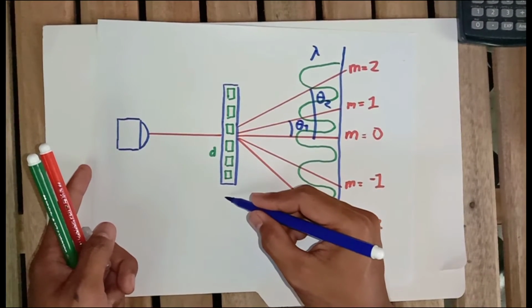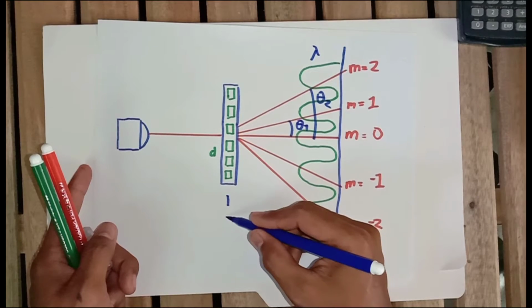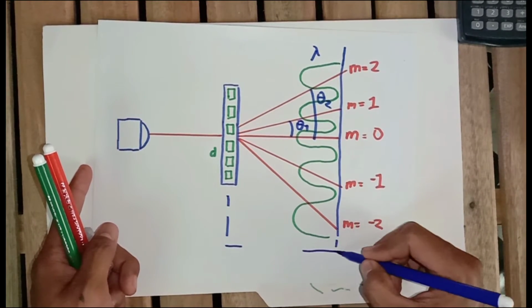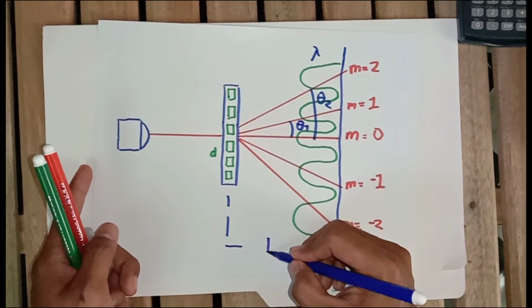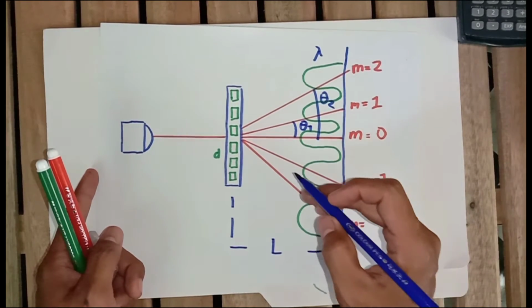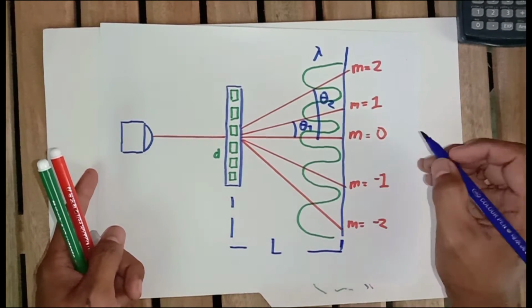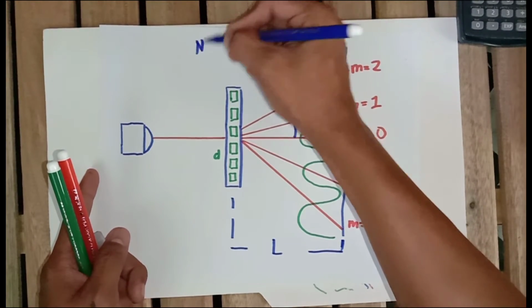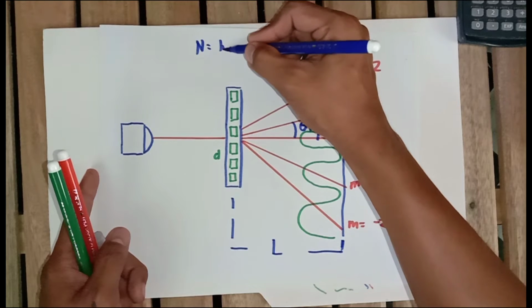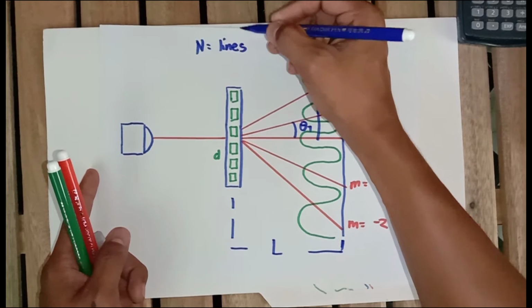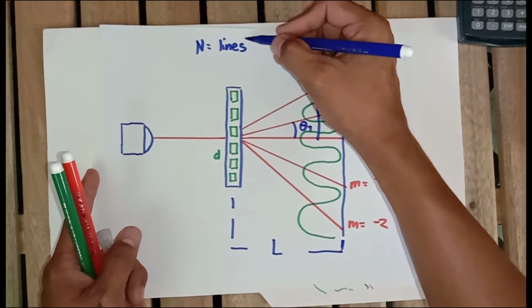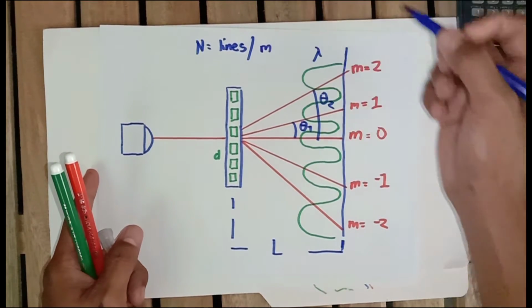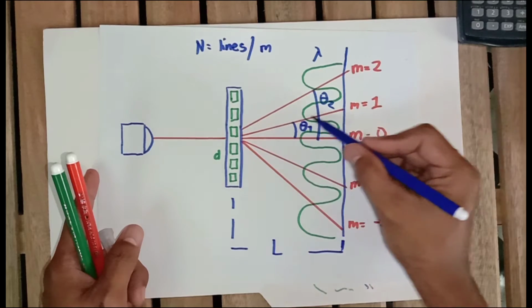And for additional, the distance between the grating and the screen is L, and the lines per meter, or we have here N.